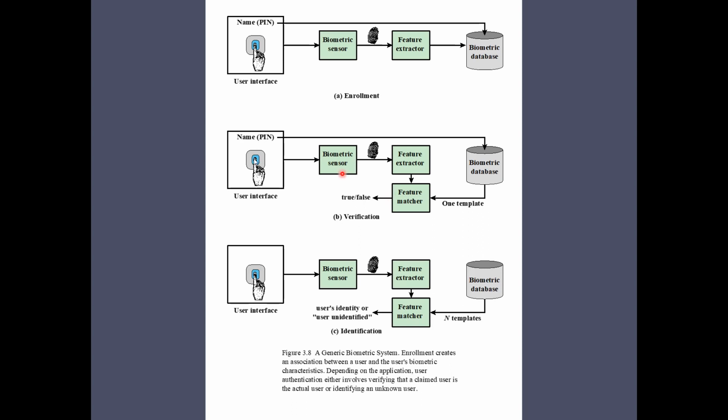So that is 1 to 1. On the other hand, there is another way that biometrics can be used. It is called identification. It is almost the same process, but without claiming an identity. So there is a claim of an identity in the verification, but in identification there is no claim to the identity.